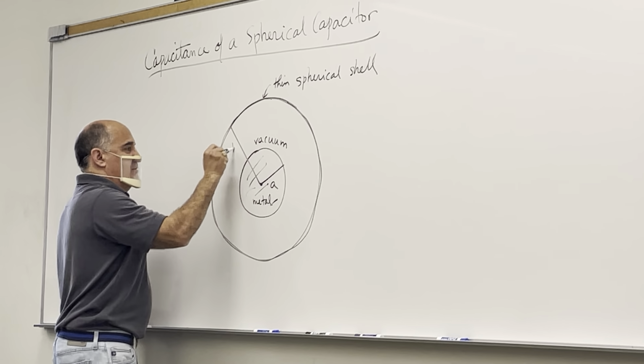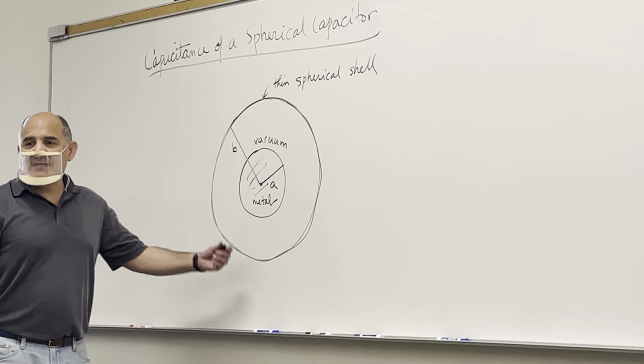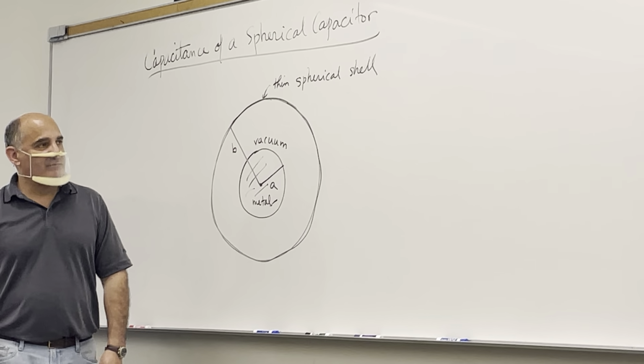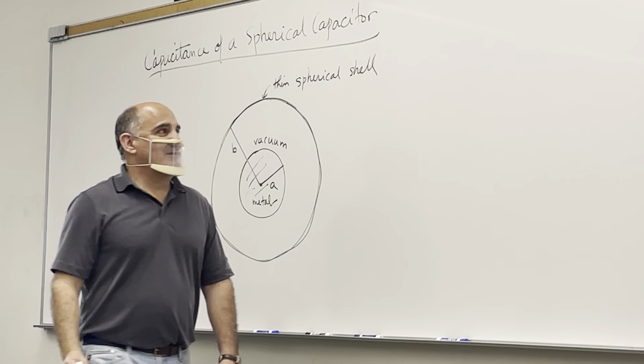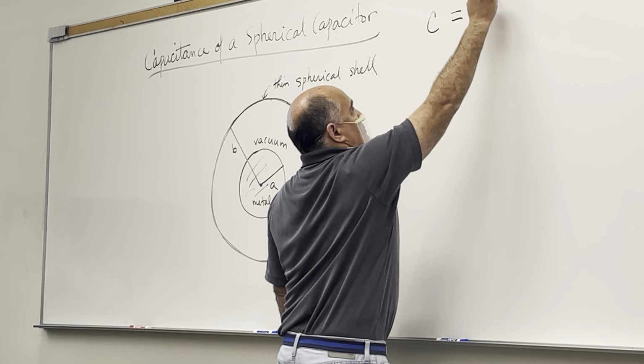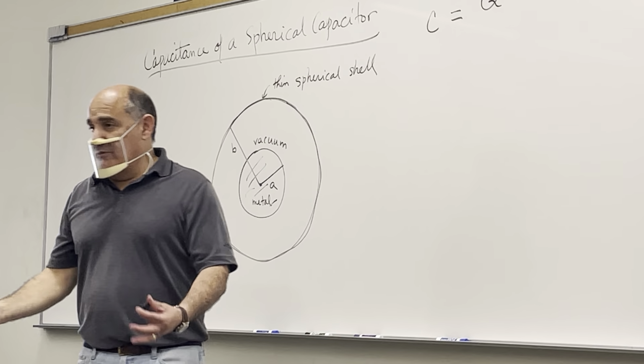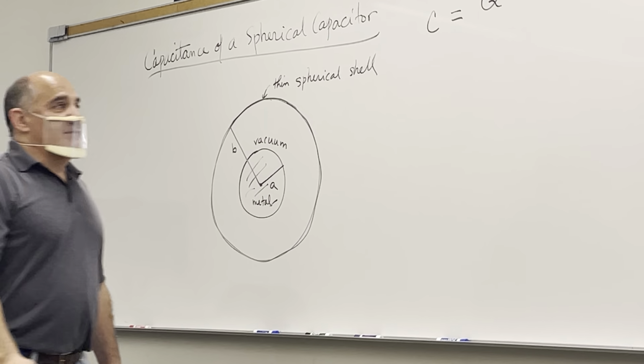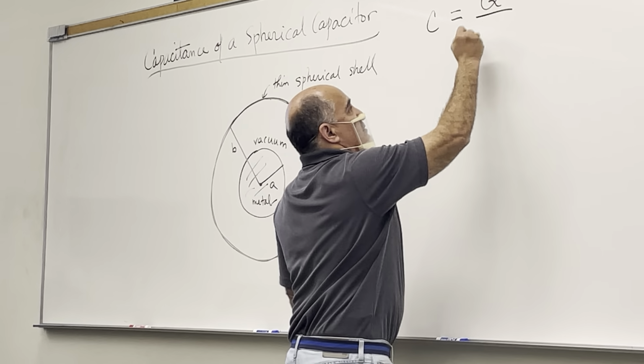And that has radius b. So what is the capacitance of that? The capacitance will be the magnitude of the charge on either conductor divided by the potential difference.